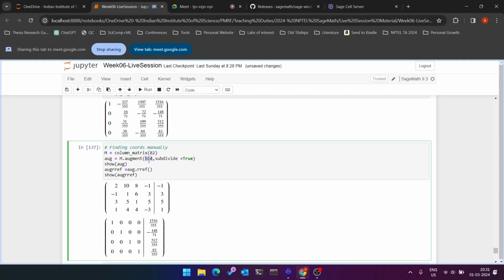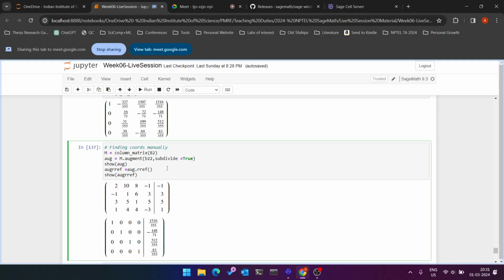Another thing you can expect is that suppose I want to take the coordinates of one of the vectors, say B22, with respect to basis B2. If you think about it, you already know that this has to be independent of all the columns except the column that it represents.